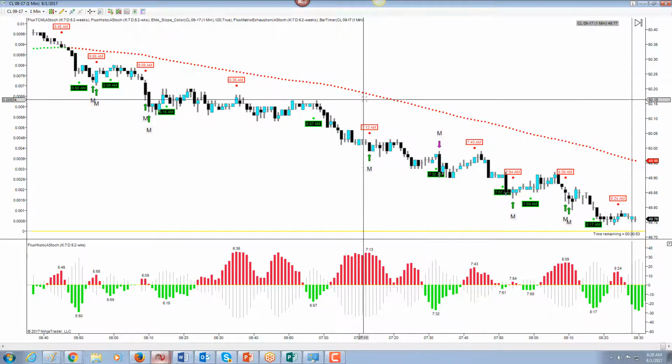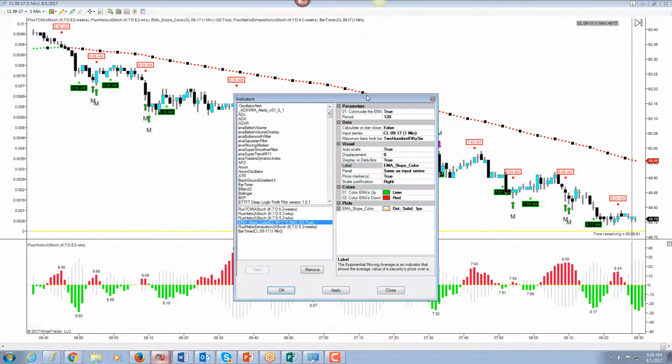One of the easiest filters that I've found over the last 9-10 years is the idea of using a trend in some way, shape, or form to help define the entries that you'll take. And so I've been fairly consistent over the last decade in using a 120 period EMA. Now that's an exponential moving average.